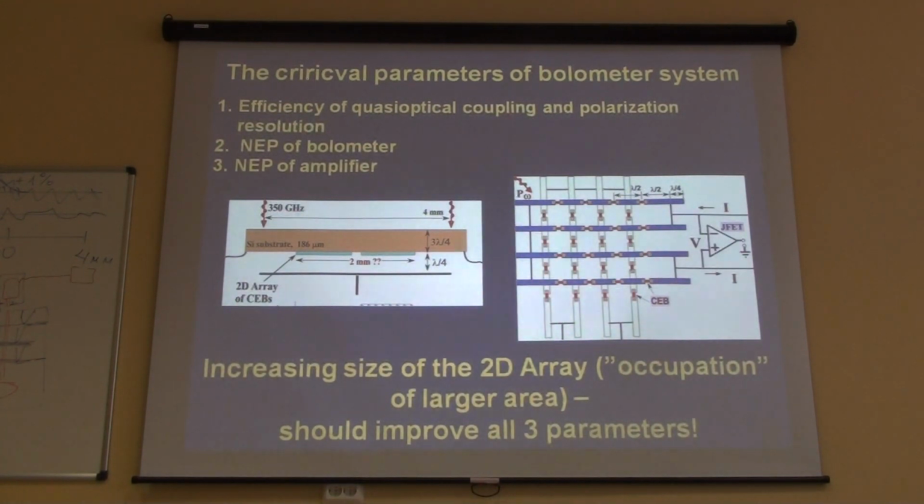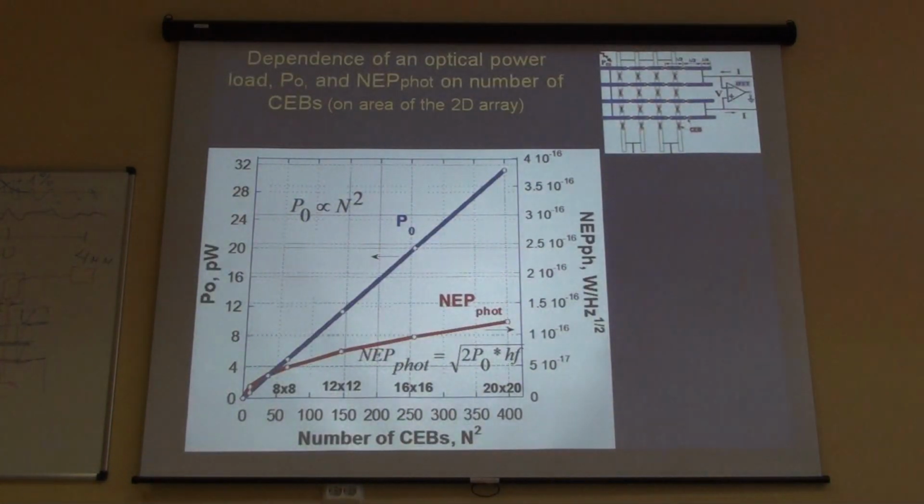The basic idea is shown here. If we increase the size of this array, increasing the number of bolometers, shown on this axis as total number and area of the bolometer system, we unavoidably increase power linearly in proportion to this number of bolometers. And photon noise is the square root of this power.